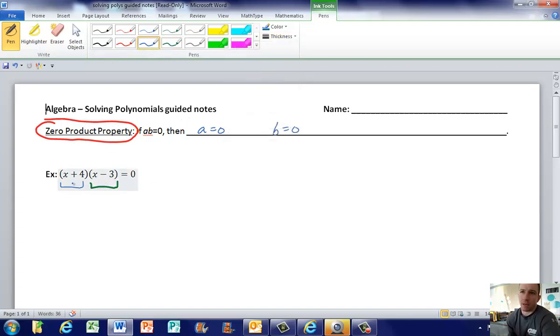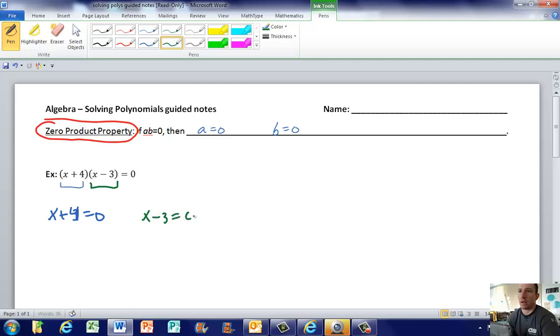Now, a lot of us can see that x is going to be negative 4, and negative 4 plus 4 is 0. 0 times negative 7 would be 0. But we want to get in the habit of, once we have it in factored form, pulling the factors out to the side, x plus 4, and setting them equal to 0.